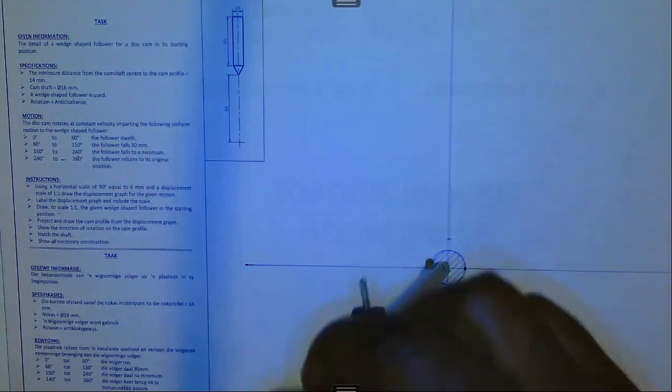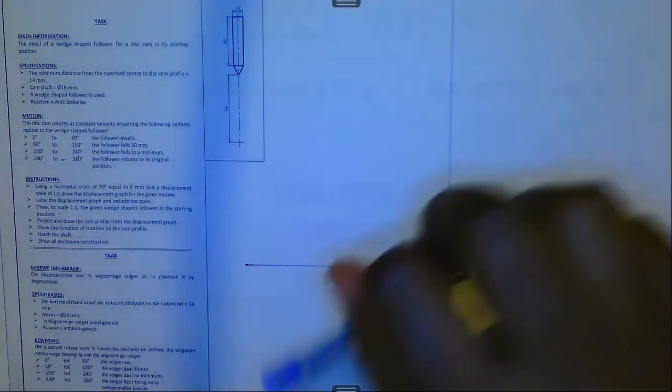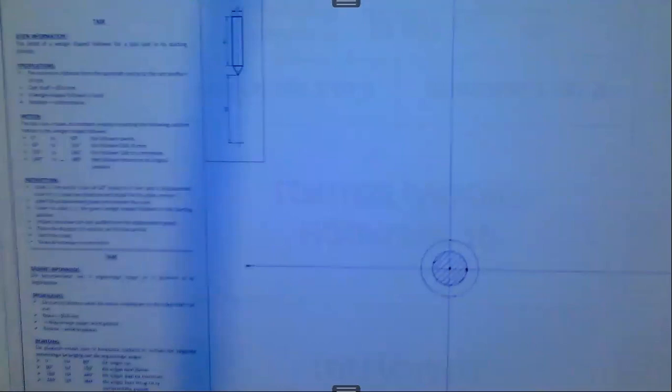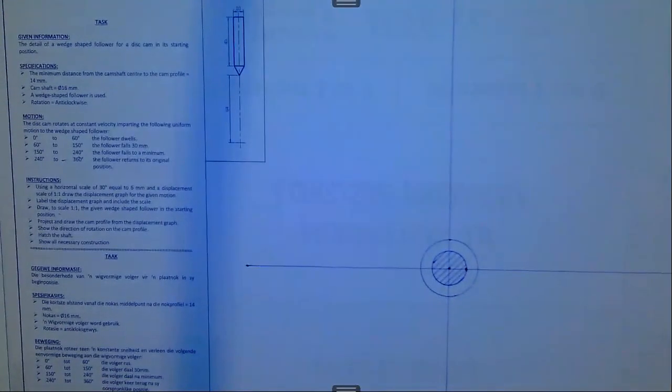Then you draw. This could be relatively thicker than a construction line, but not as thick as an outline.